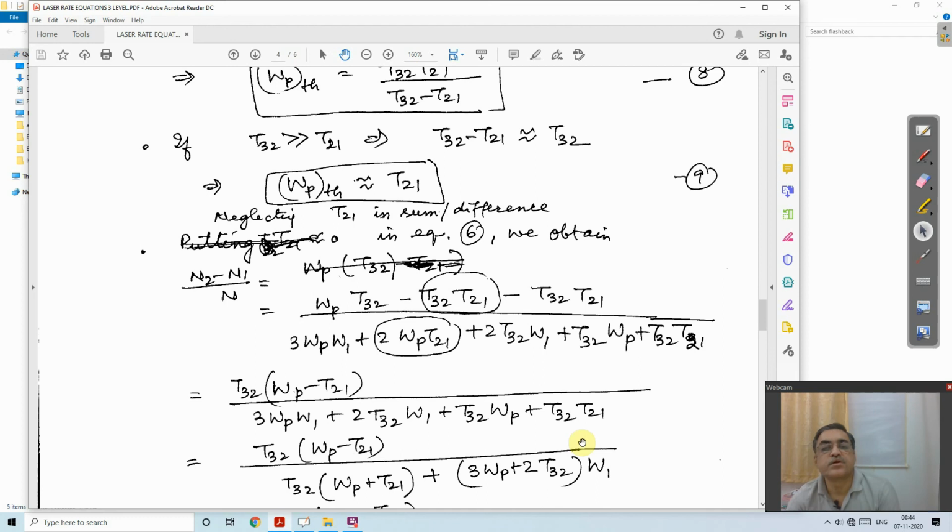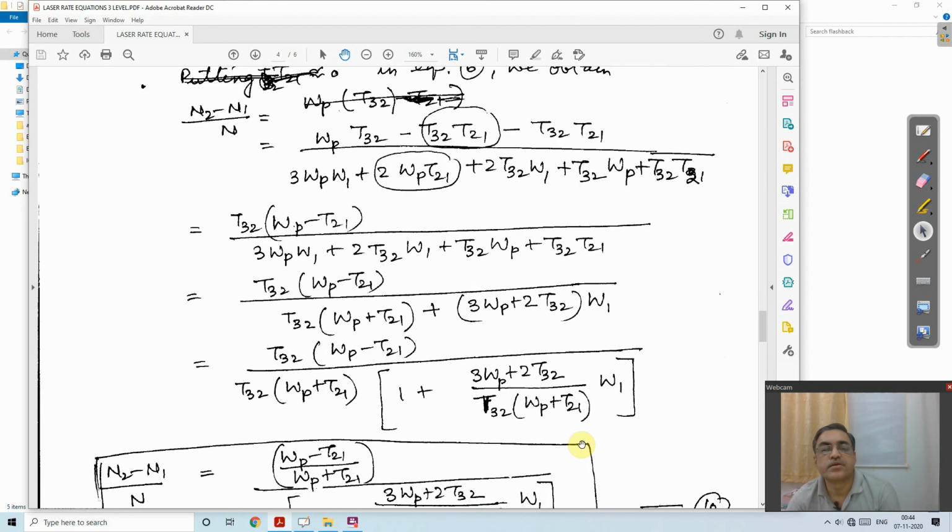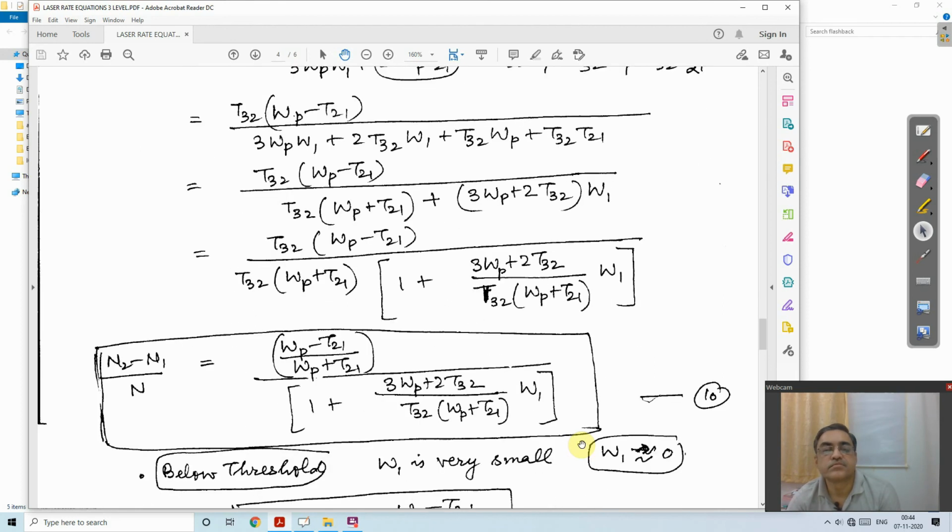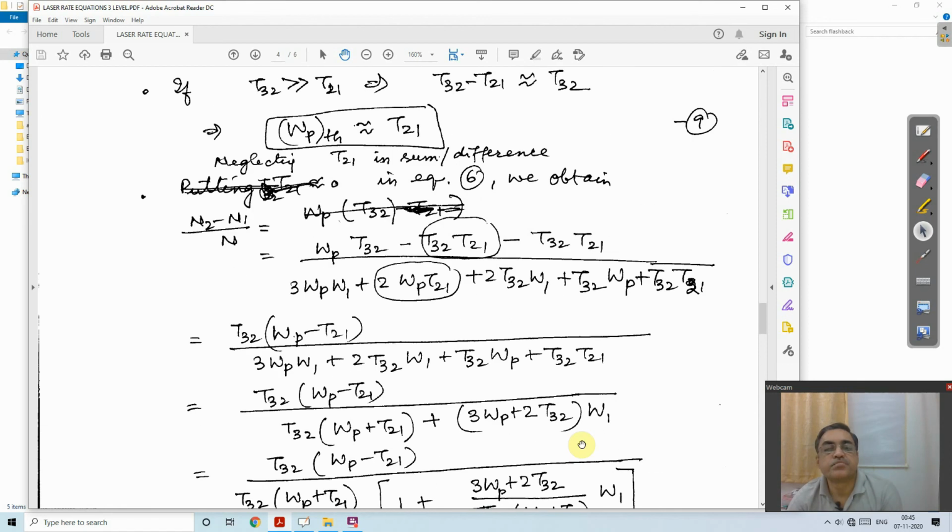Now substituting it back, we obtain this equation by a simple mathematical manipulation, and neglecting these things here. I obtain T32 bracket WP minus T21, and similarly is the case in the denominator.